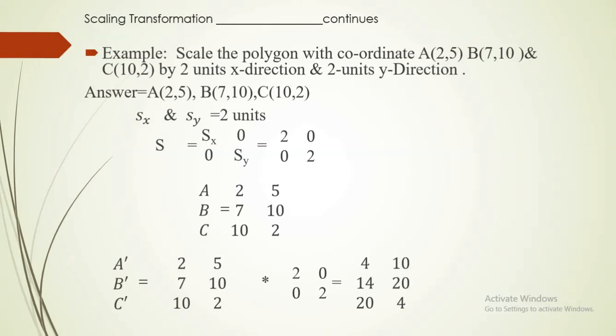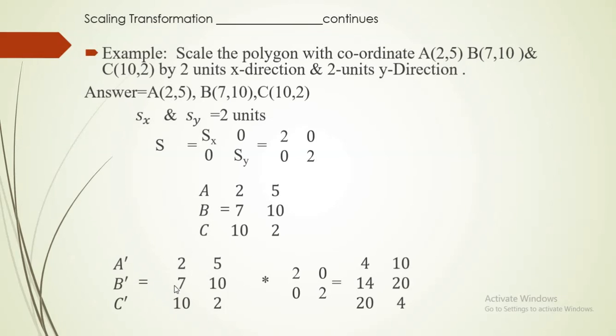This matrix is multiplied into S. The first row multiplies the first column, that is 2 into 2 is equal to 4 plus 5 into 0 is equal to 0. So the answer is 4. Then first row second column, that is 2 into 0, 0 plus 5 into 2 is equal to 10.